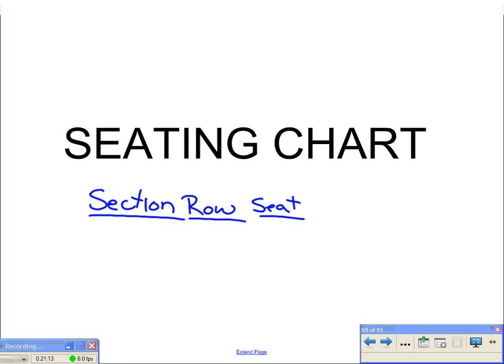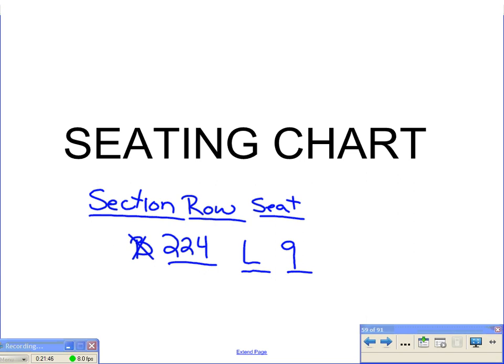So if you're in section 224, row L, and seat 9, then I know I go to this section, this row, and the 9th seat, and that's where I'm going to sit.